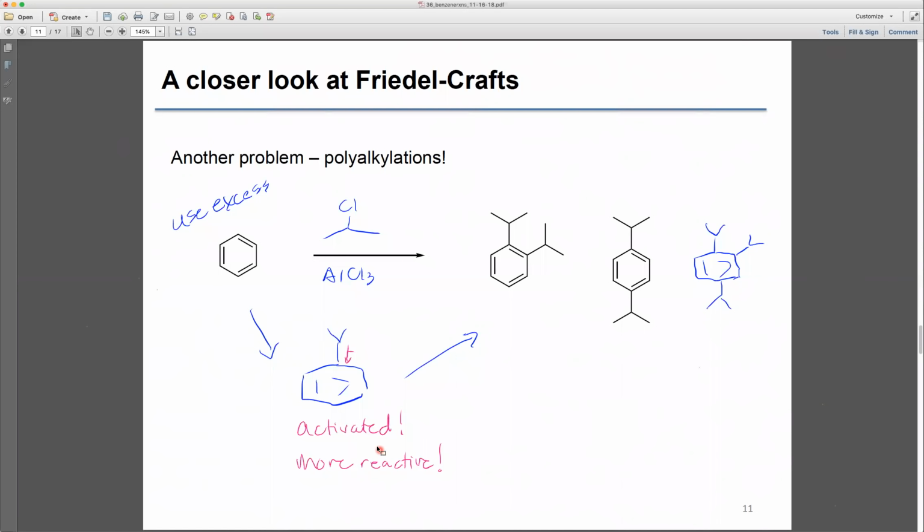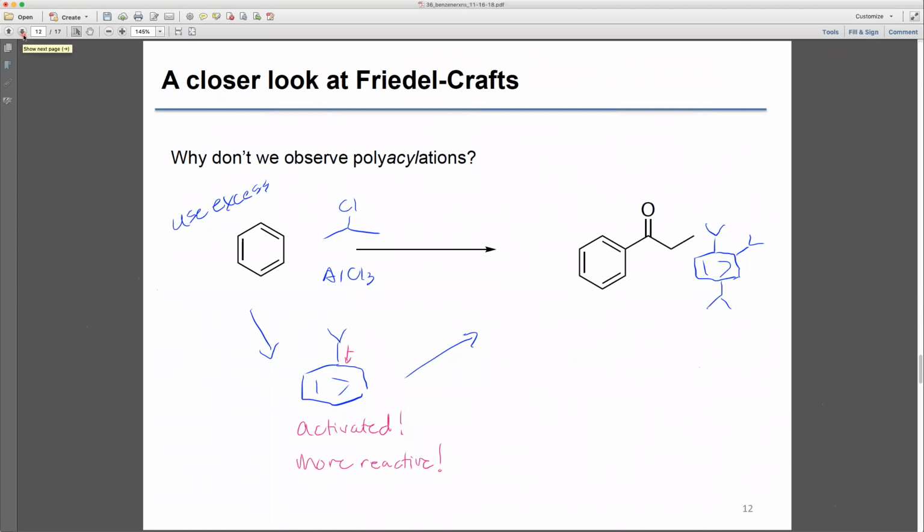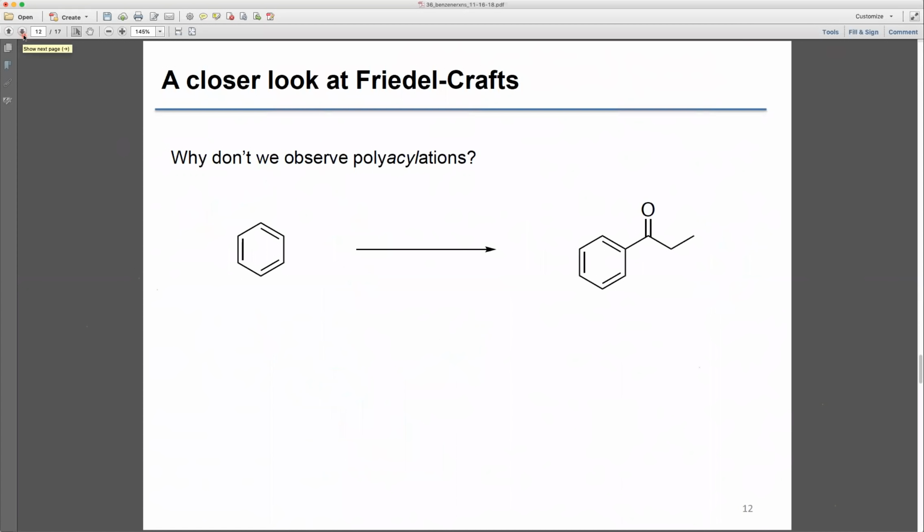Go ahead and type any questions if you have any. I'm going to click to the next slide here. And just thinking about the same ideas with the acylation, why don't we observe polyacylations?